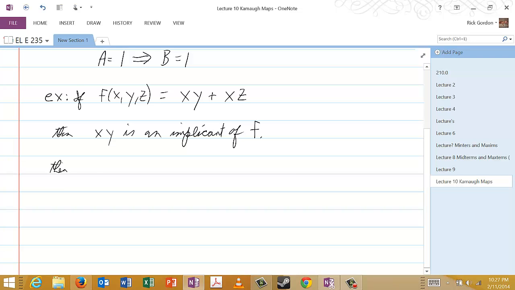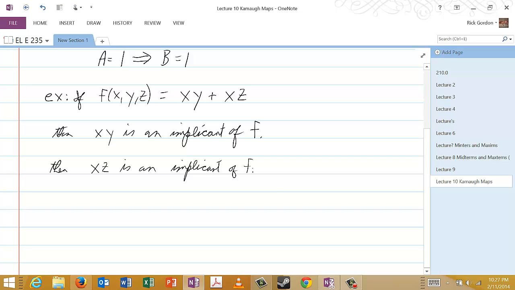Notice that xz is also an implicant of f.